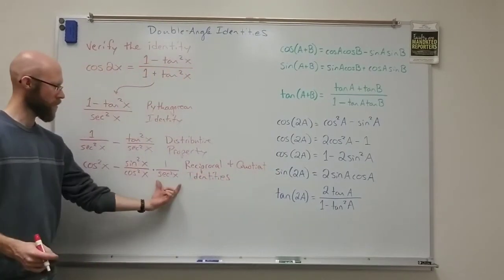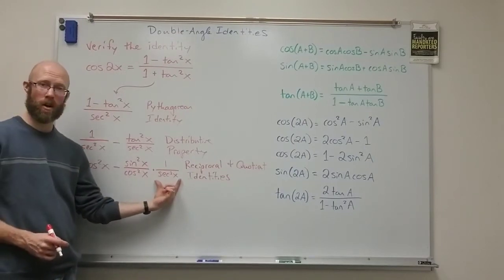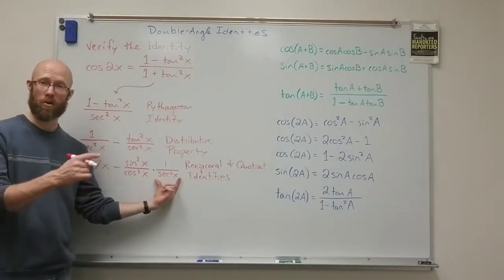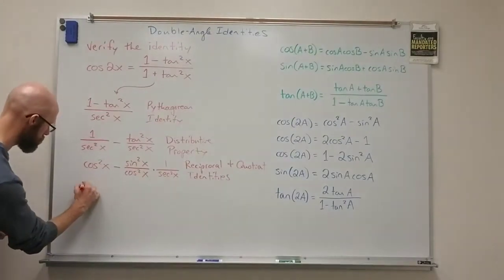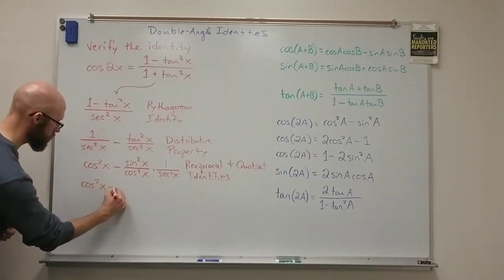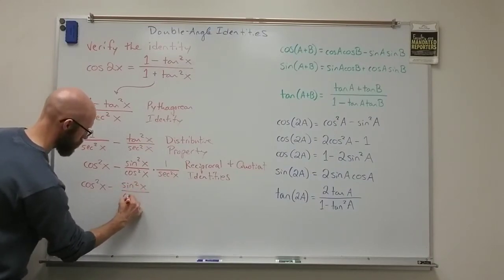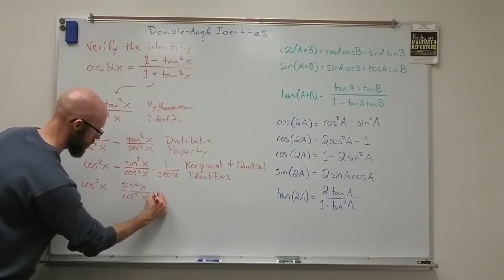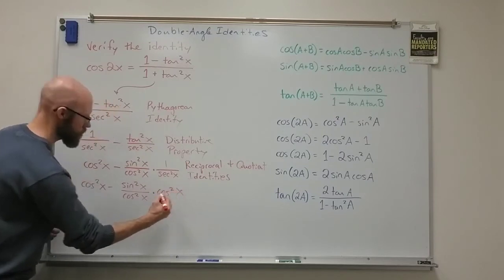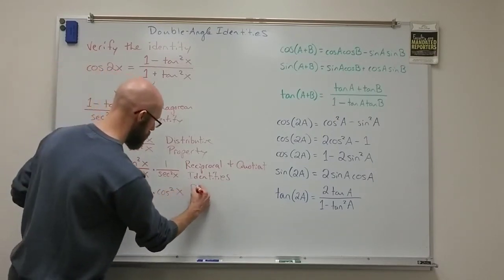I'm going to utilize another reciprocal identity here and call this 1 over secant squared the cosine squared. So this becomes cosine squared x minus the sine squared x over the cosine squared x, times the cosine squared x. That's a reciprocal identity.